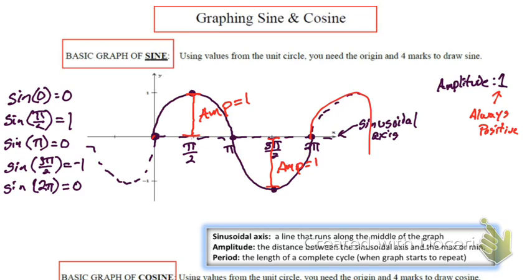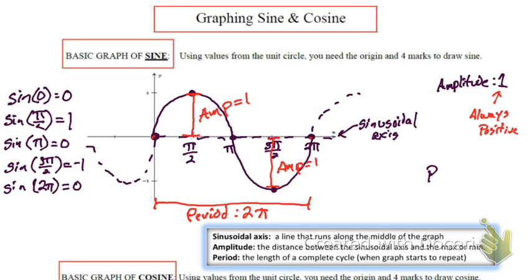So the period is how long it takes to get one full cycle in before it starts repeating itself. Your period is going to be right here. And that period length in this case is from 0 to 2 pi, so the length is actually 2 pi.